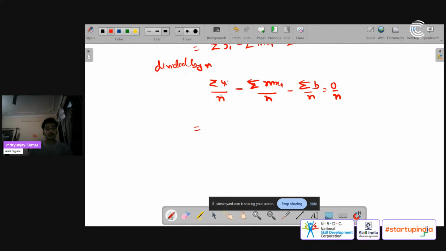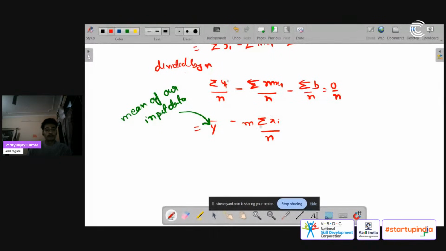Now y_i, the y values, we can tell that this is the mean of our input data. And this is m x_i plus b. m is a constant value, so every time m is going to be taken common, but summation of x_i by n, right?